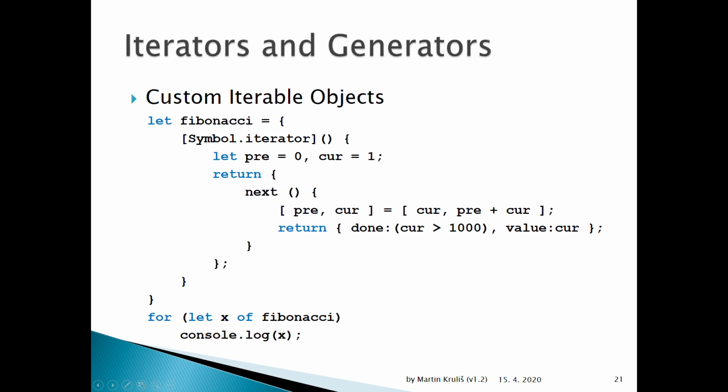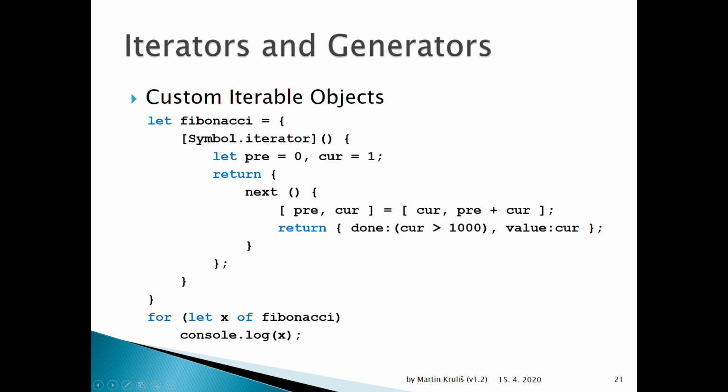So in every case, the previous value becomes the current value, and the current value is previous plus current value. So this is just a double assignment. We don't need any temporary values for this. This is just a shorthand assignment for the advance in the Fibonacci sequence computation.